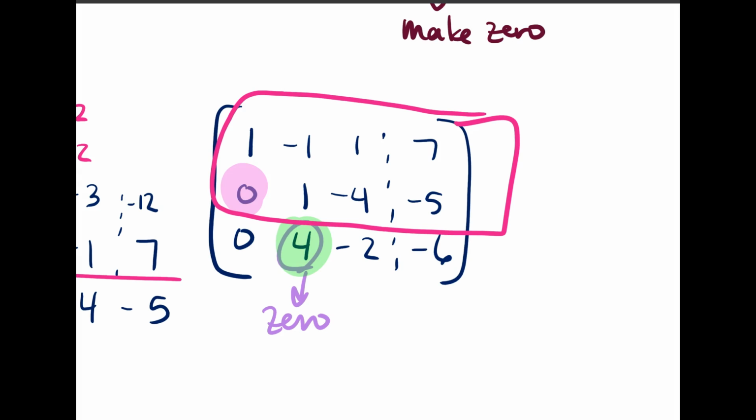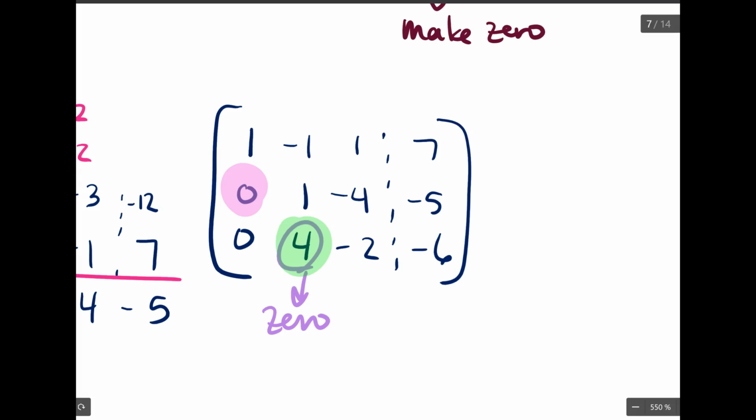I need a 1 here, but first I gotta get rid of the 4. I have to make it 0. How can I get rid of this 4? Oh, I have an idea. Multiply the top row, like the one above it, by 2, and then subtract them.